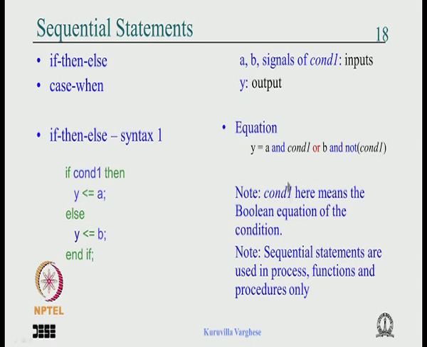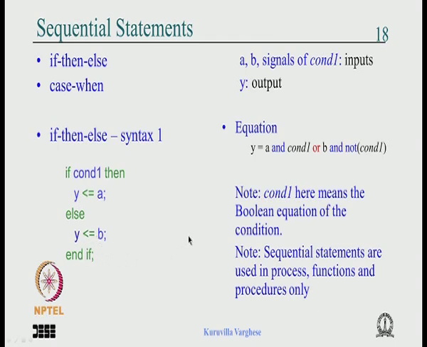So the simplest syntax is like this: if some condition 1 then some output gets some expression of the input, or a numerical value, it does not matter. So if condition 1, a condition in terms of the inputs, then y gets a, else. So the priority is there; else means if not of this condition, then y gets b, okay.